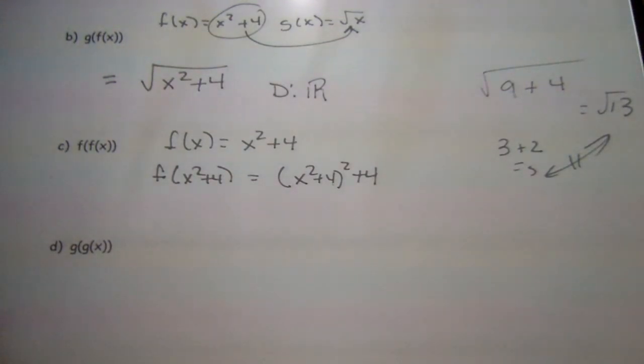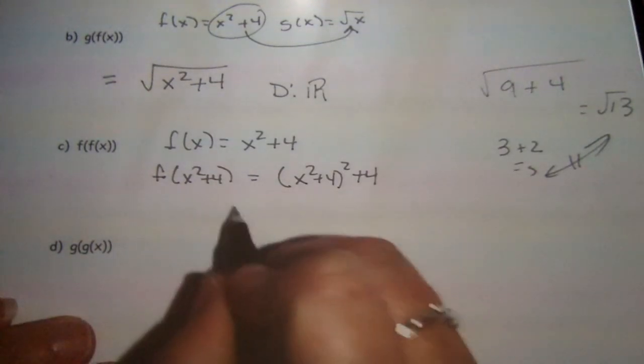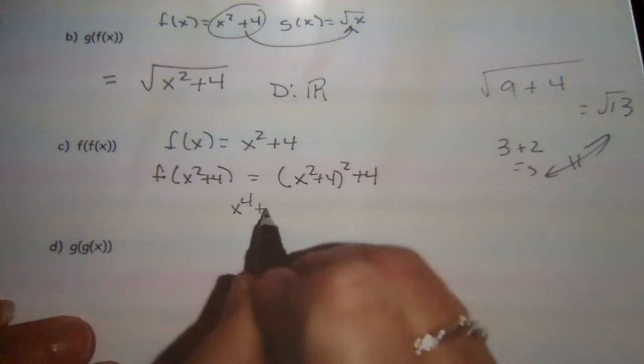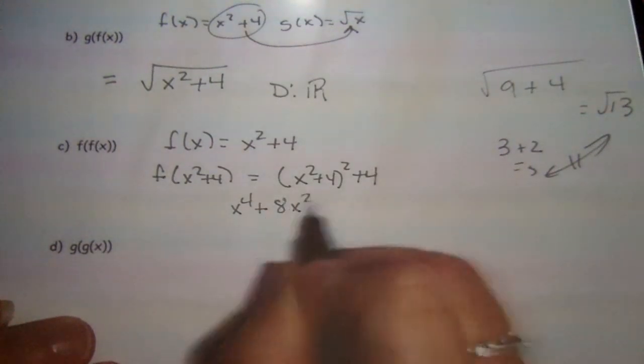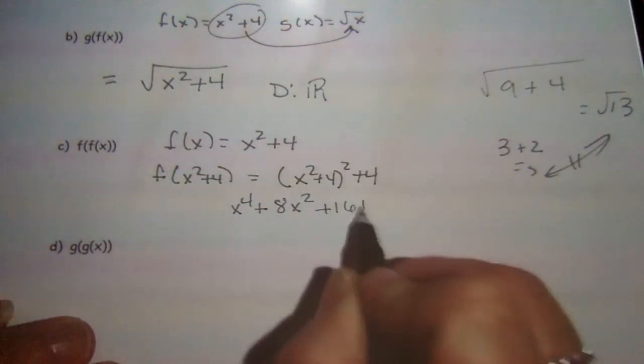What's x squared plus 4 quantity squared? X to the 4th plus 8x squared, 16 plus 4.